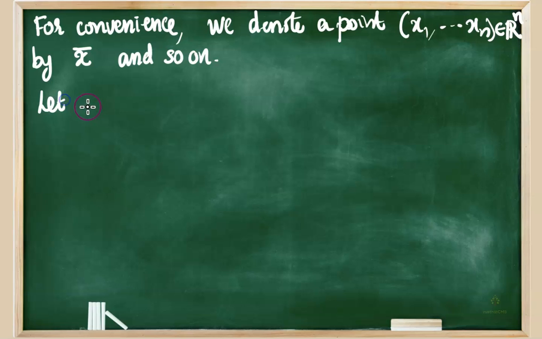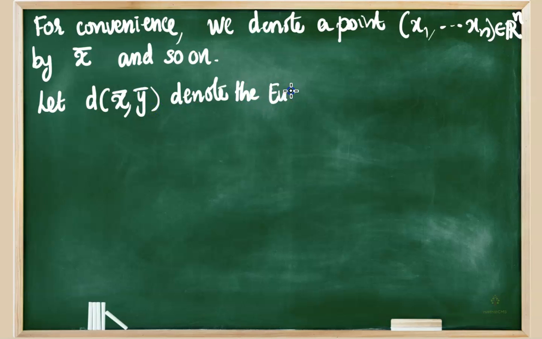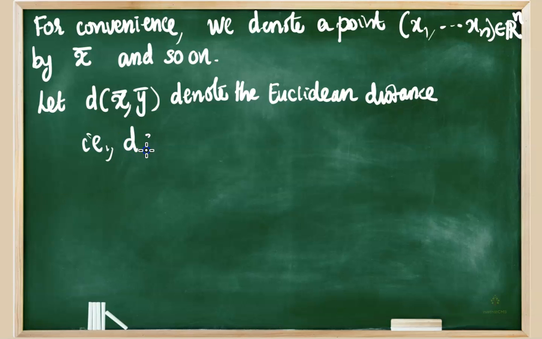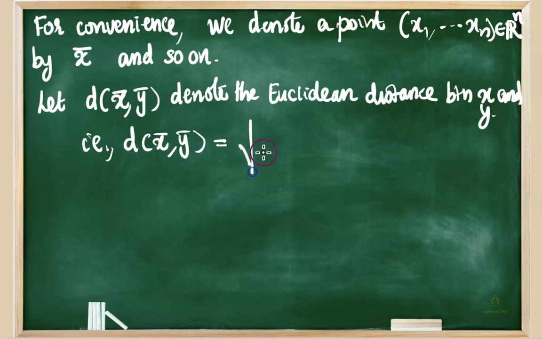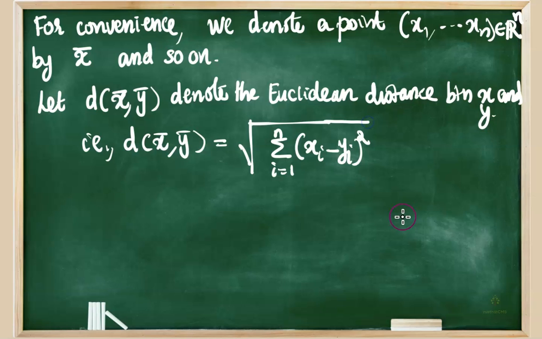So we can assume that d(x bar, y bar) denotes the Euclidean distance, that is d(x bar, y bar) is equal to the square root of the sum, i varying from 1 to n, of (xi minus yi) whole squared, as the distance between the two points x bar and y bar.